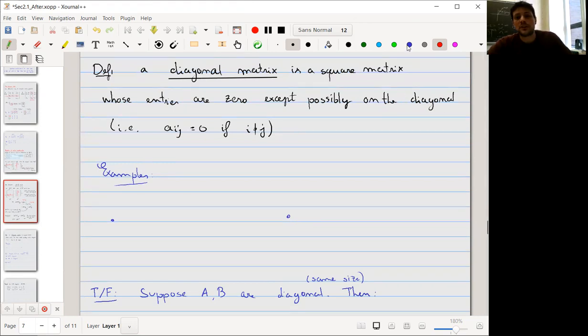Let's move on to the next definition. This is a very important definition. We say that a matrix is diagonal if it is a square matrix that has zeros everywhere except possibly on the main diagonal. So let me just draw maybe a 3 by 3 diagonal matrix. It can only have non-zero entries in what is called the main diagonal.